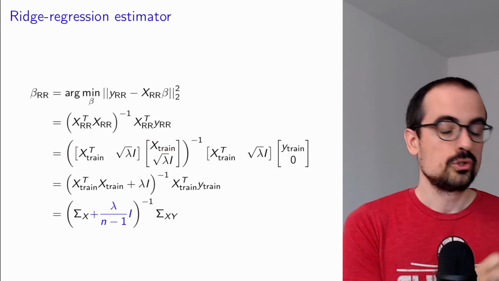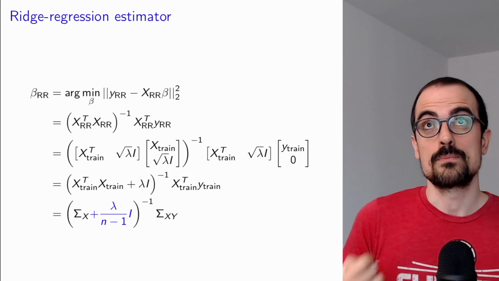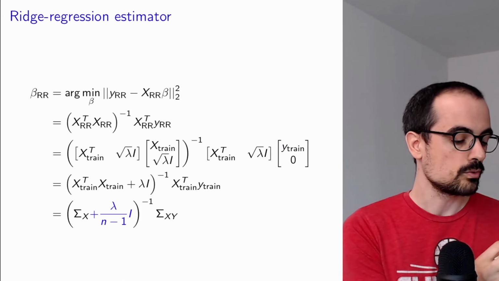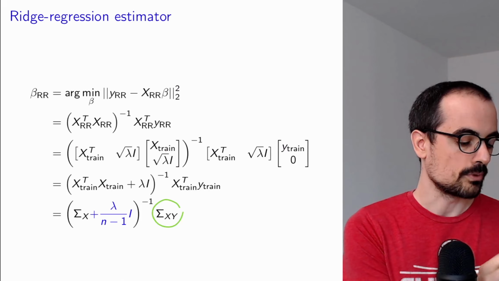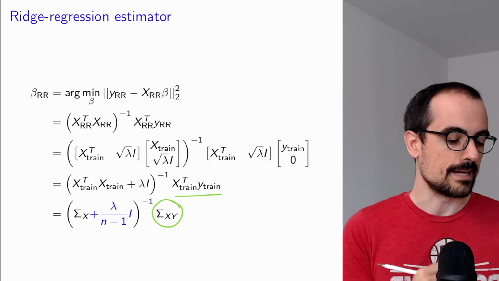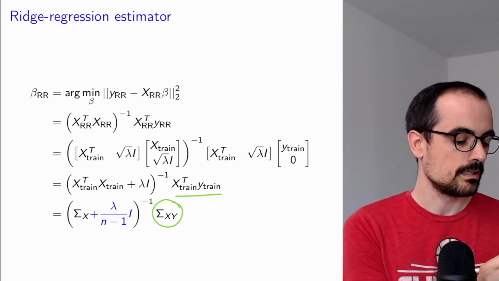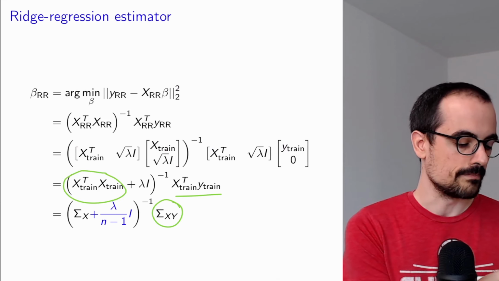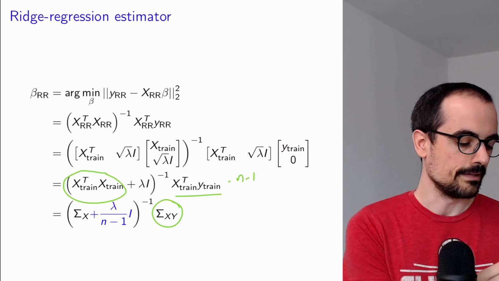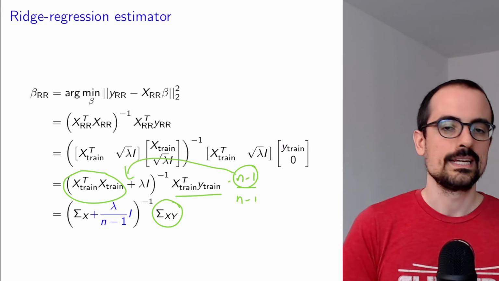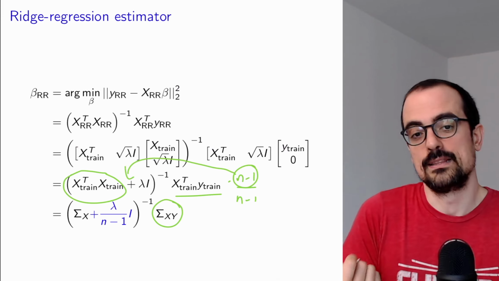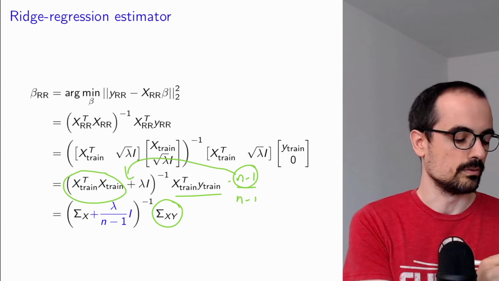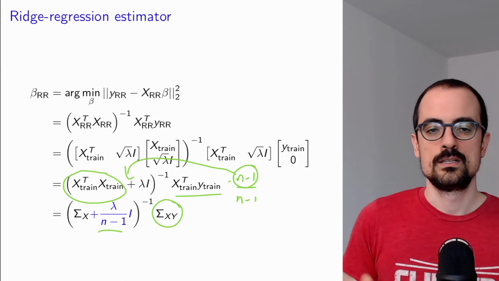If we go back to the sample covariance matrix and the sample cross covariance, we remember that the sample cross covariance is this divided by n minus 1, and the sample covariance matrix is this divided by n minus 1. So here we can multiply by n minus 1 and divide by n minus 1, and then put the n minus 1 inside the inverse, and there it's going to divide. So this is where this comes from. Awesome.